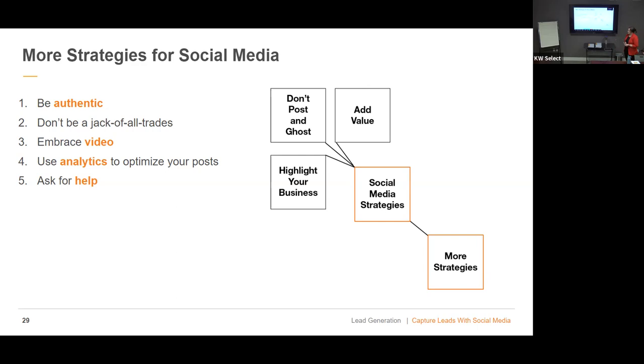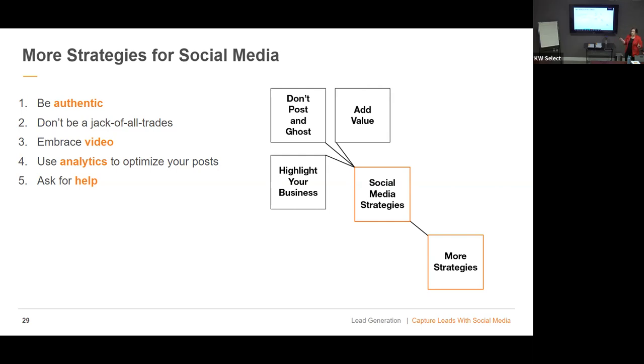Use analytics to optimize your posts. I did touch on this a little bit, but when you have a business page on Facebook or Instagram, you can go to each post, and there's even a special section to see an overview of all of your posts. You can see what people are engaging with, what posts are getting more impressions, more comments, more likes, and you want to use this information to tailor what you're doing.